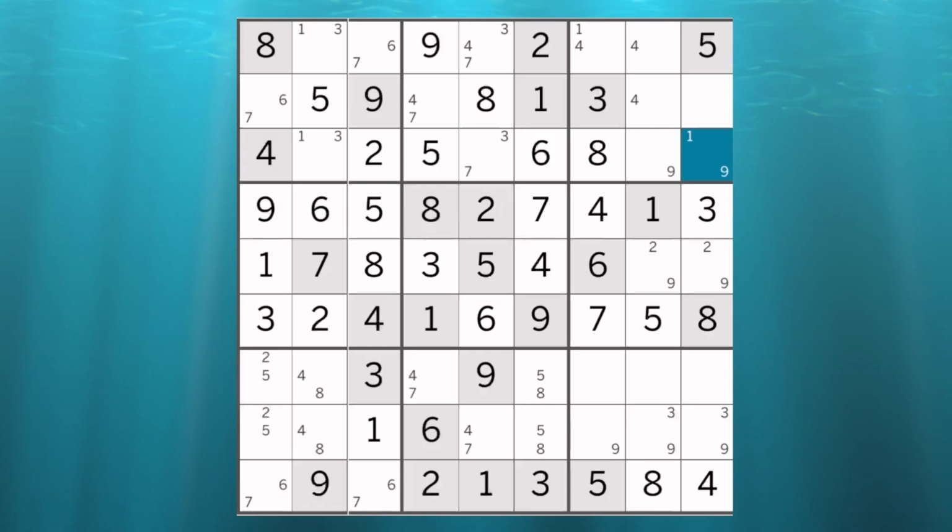Okay. This column needs a 9. That can't be a 9 because of that. That can't be a 9 because of that. So the 9 has to be there. That one, and that one makes a 1 here.